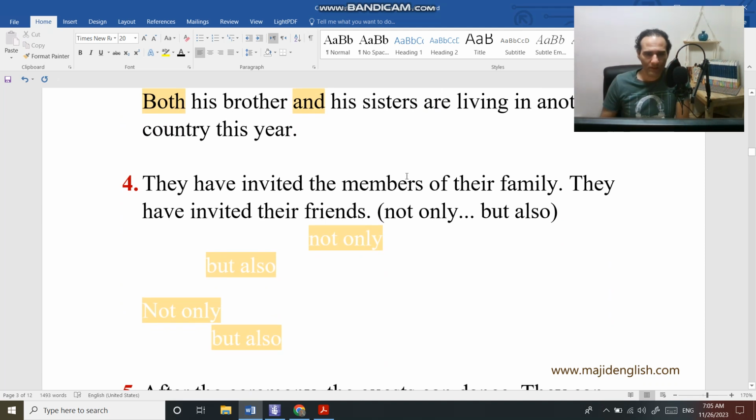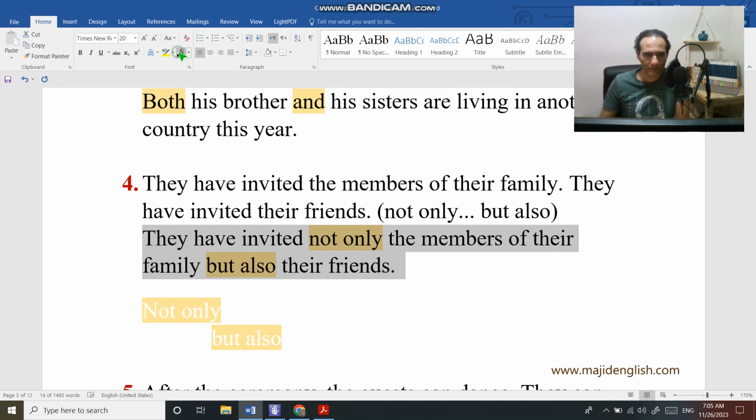They have invited members of their family. They have invited their friends. So they have invited is the similar element. So what do we do? They have invited, not only comes here. They have invited not only the members of their family, but also their friends, connecting two phrases.